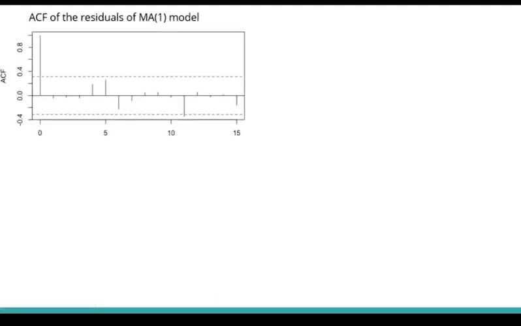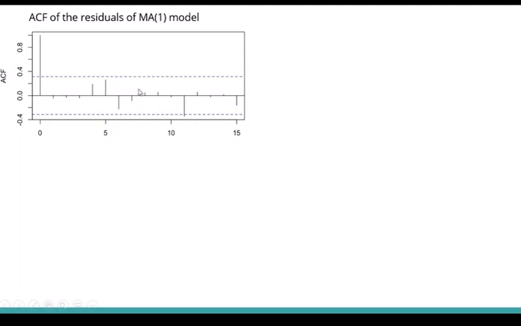Then what we can do is conduct what I call diagnostic testing. What do I mean by that? We can evaluate our model by investigating the behavior of the residual. We want to see whether the residual is going to behave like a white noise. Let's first get the ACF of the residual for MA of order one.